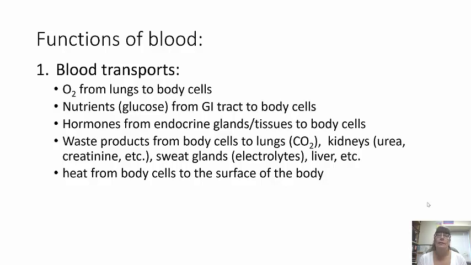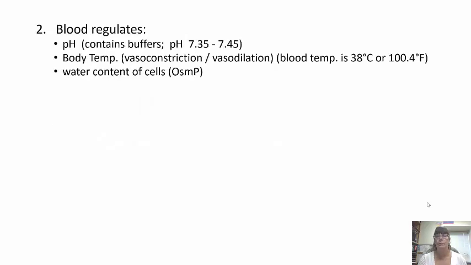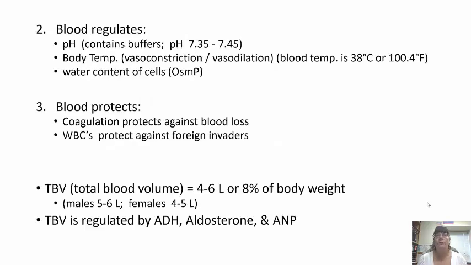Also heat from the body cells to the surface of the body to help monitor our temperature. Blood also regulates our pH. The pH of blood is about 7.35 to 7.45, and the blood contains buffers so that if our pH gets a little high and we're going into alkalosis, we can help regulate that.